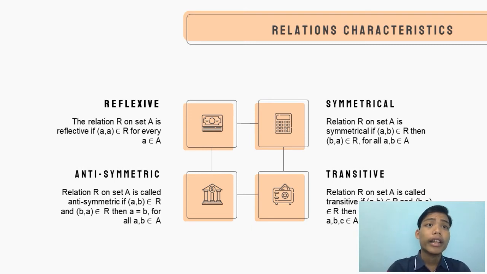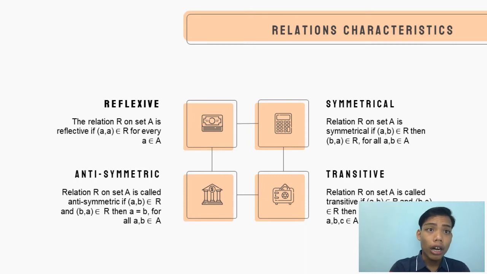And the second one is symmetric. Relation R on a set A is symmetric if (a, b) in R implies (b, a) in R, for all a, b in A. And the third is antisymmetric.